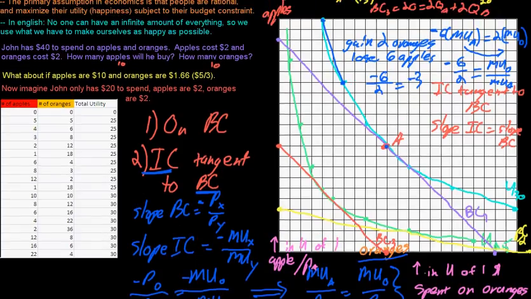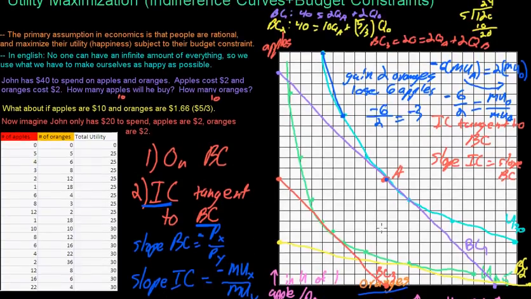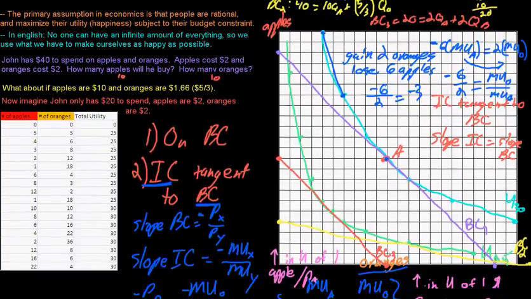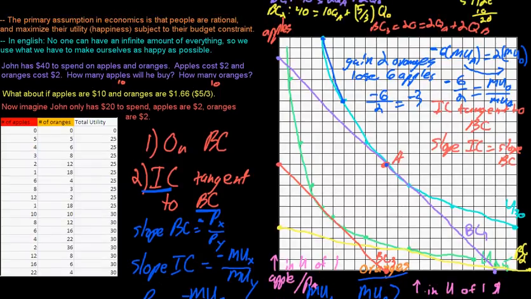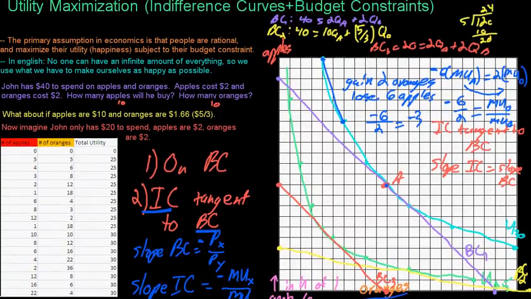So this is kind of the last theoretical thing that we have to get to, is this guy right here. Then I just want to get back to some easier examples. So now what about if we're on budget constraint 2? If apples are $10 and oranges are only $1.66.